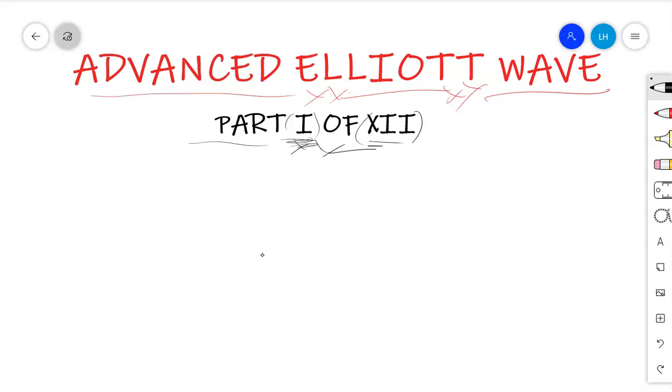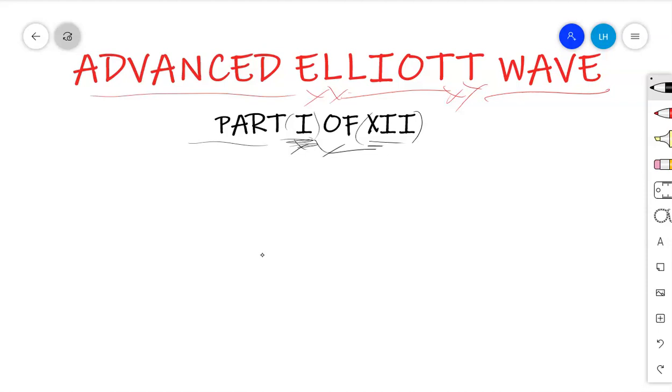I said that we'll cover the Elliott wave guidelines. When listing those guidelines in the introductory session, I said we have the guideline of alternation, the guideline of extension, the guideline of equality, and channeling.